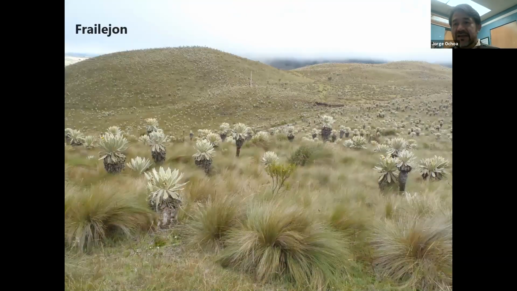So, and then also in very high altitudes, then you have what is known as the Frailejón, or the genus Espeletia. And once again, this is in the higher altitudes, over 4,000 meters, in what is known as Páramo in Colombia, or it's going to be very high altitudes in the Andes.